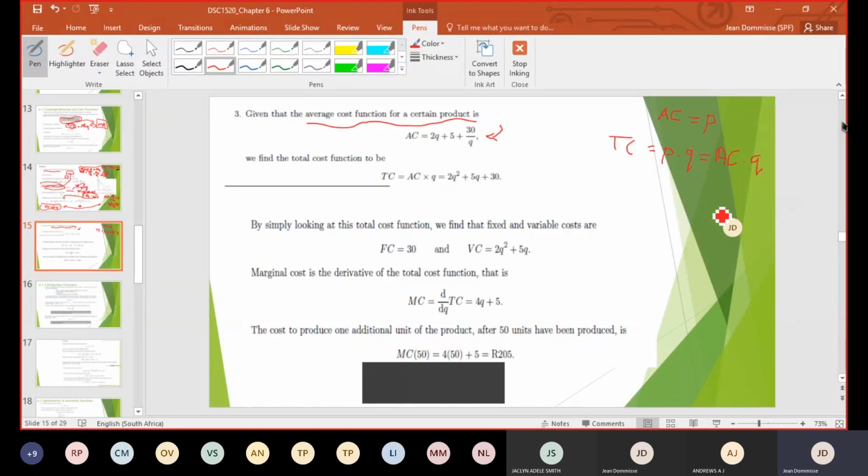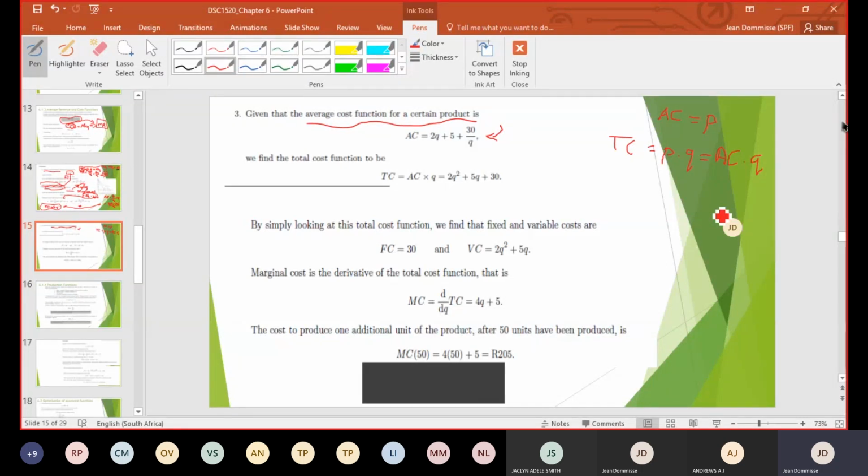If I give you in the exam the equation for marginal revenue, you need to work with it. If I give you the average cost, you need to work with it. If I give you the total cost, you need to work with it. So there's a few ways that they can ask it.